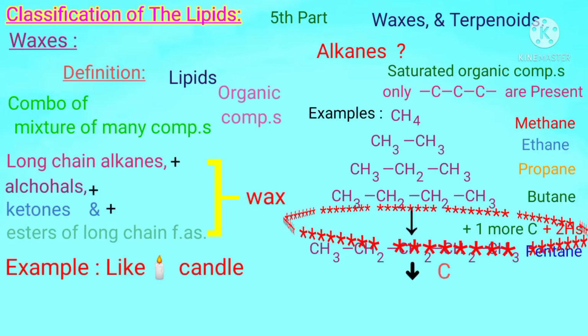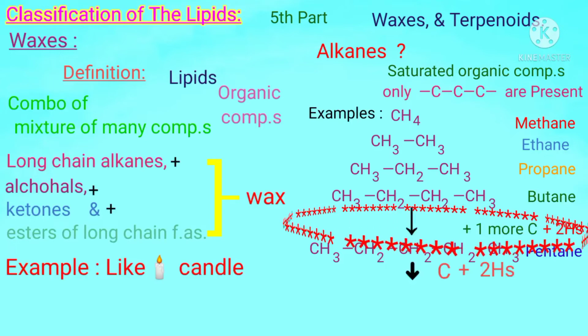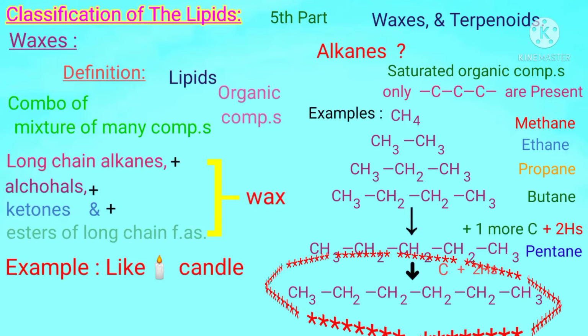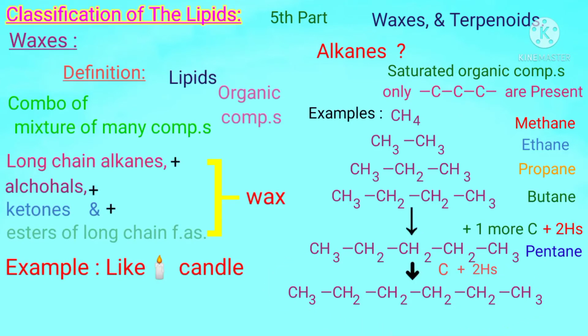By the increase of every carbon in any alkane, that carbon also takes two hydrogens and the previous alkane is changed into the next alkane. That is the very important point about alkanes. And in this way, students, next and next alkanes are prepared, that you must keep in your minds.